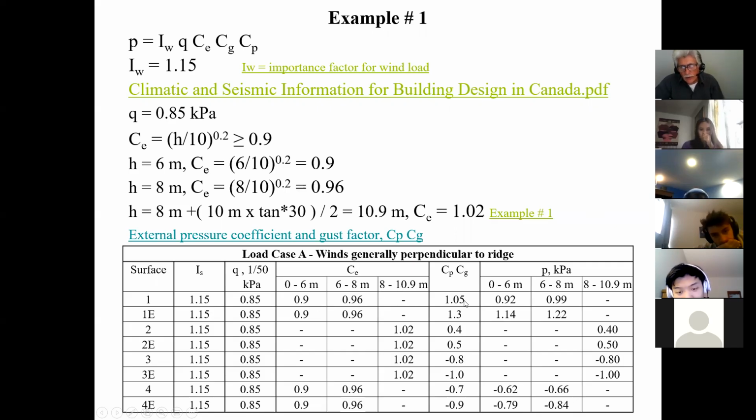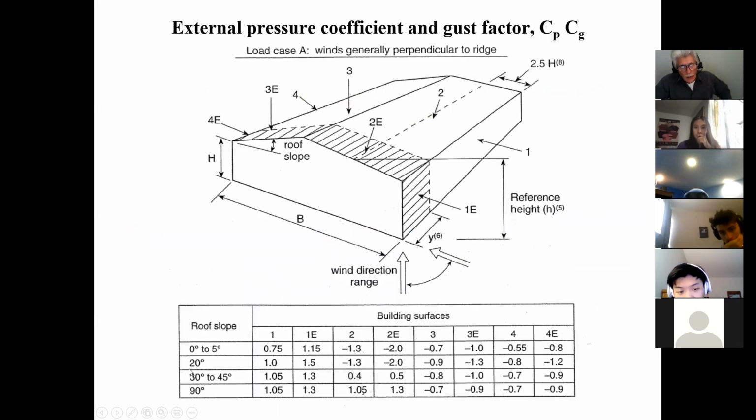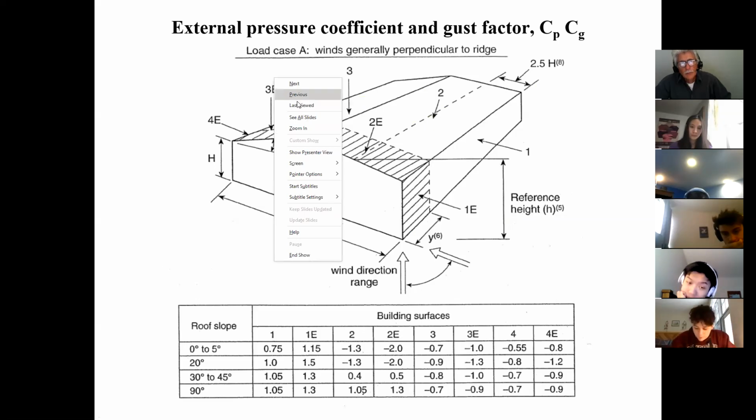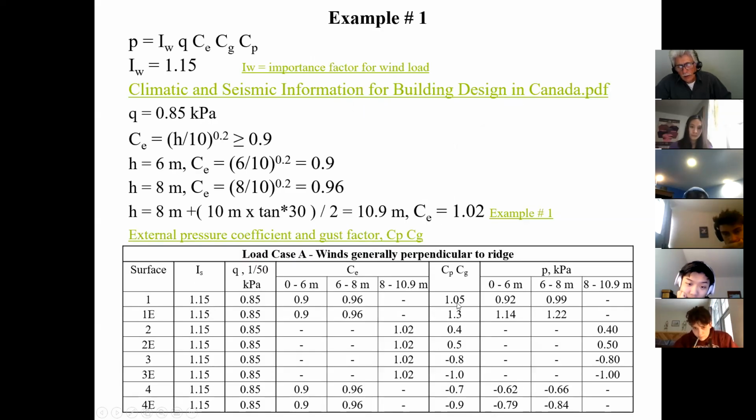And then for this, I go to the table. I have a 30 degree roof, so I take all the values in this row for surface 1, 1E, 2, 2E, 3, 3E, 4, and 4E. That's why you see my table. I simply copy these ones here, and that's exactly what I did.